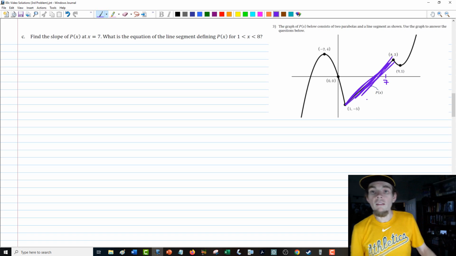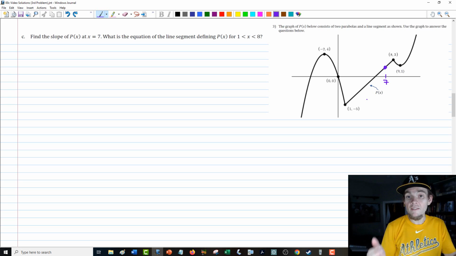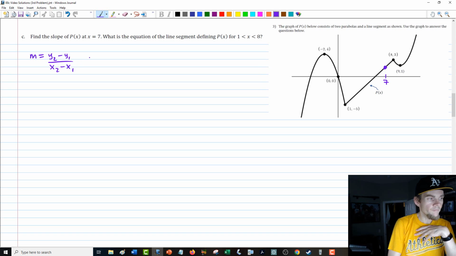Basically, it's just a point on that line, which means the slope is the same at every single point along that segment. So in other words, if we want to find the slope at that point, we can just calculate it like normal. We'll do y sub 2 minus y sub 1 over x sub 2 minus x sub 1, and then plug in those coordinates.